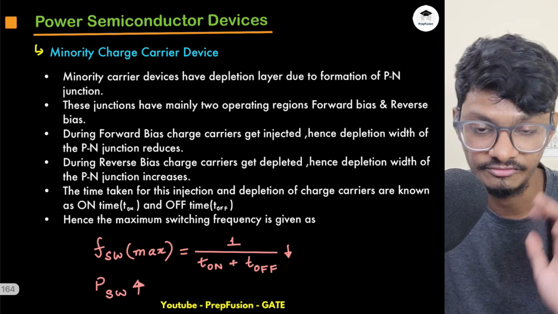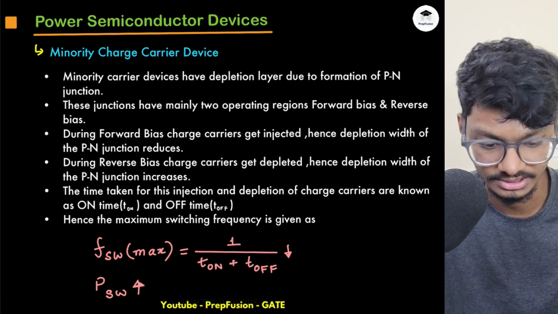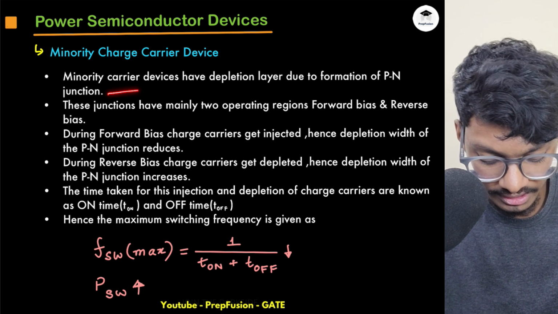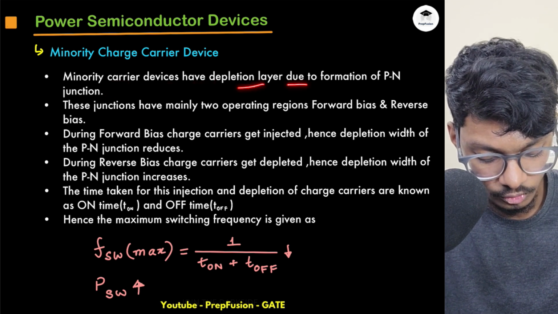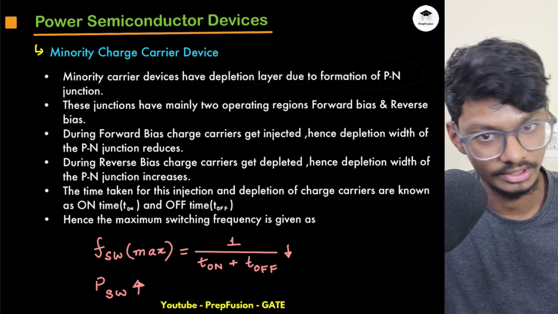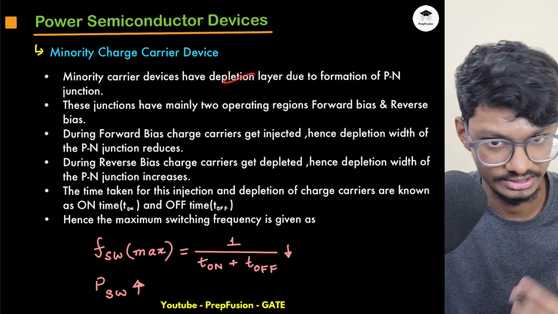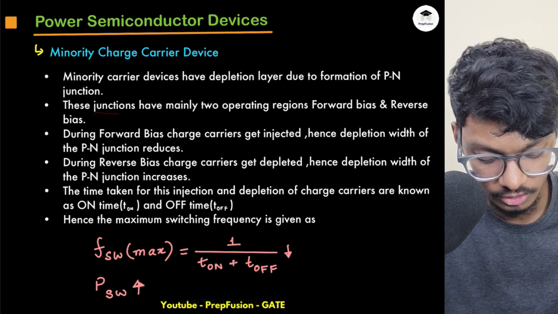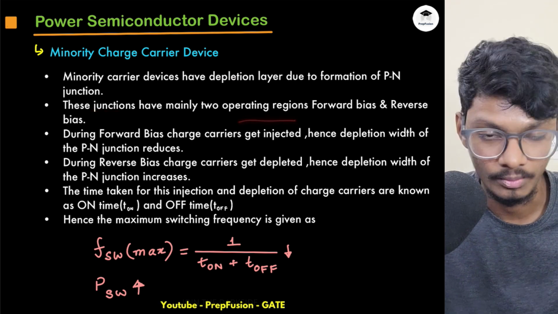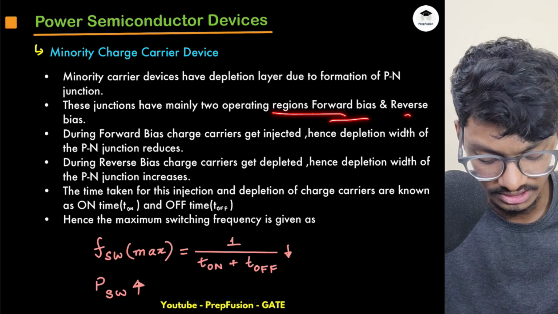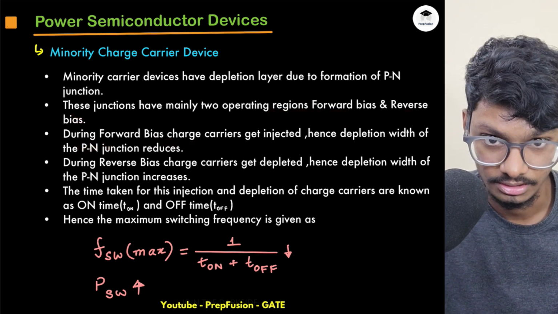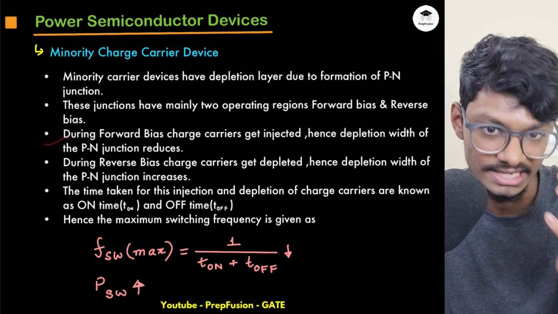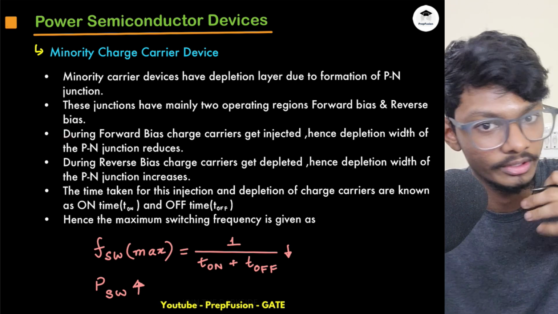Now let's understand few more things about minority charge carrier devices. Minority charge carrier devices have depletion layer due to formation of PN junction. These junctions have mainly two operating regions, forward bias and reverse bias. All this working has been explained in the working of diode, so I'm not going too much into this.